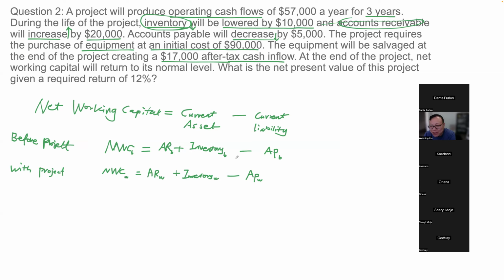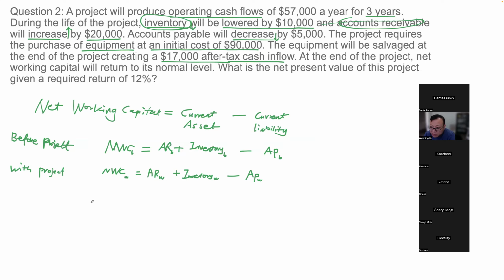Before project, NWC_B equals AR_B plus inventory_B minus AP_B. With project, you just need to replace the subscript B with W.